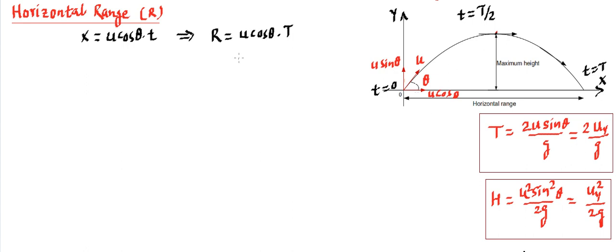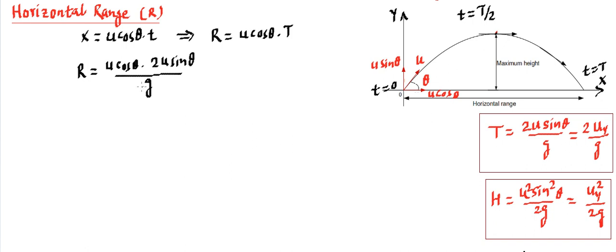And we can put the value of time of flight so that we can get this expression. So R comes out to be u cos theta into t, which is twice u sine theta divided by g.